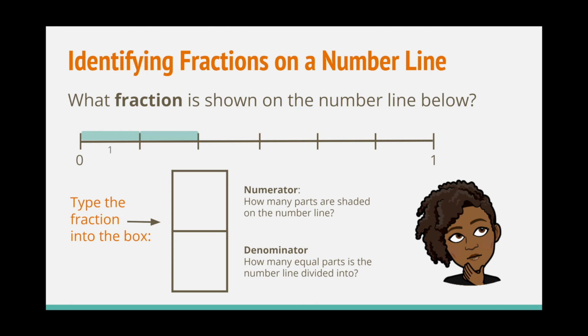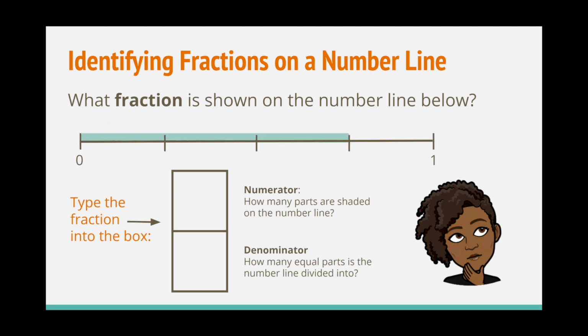There's 1, 2, 3, 4, 5, 6 equal parts. So that tells me that the denominator is 6. I'm going to count how many parts are shaded in, or that are green. There's 1 and 2 parts that are green. So that tells us that our numerator is 2.